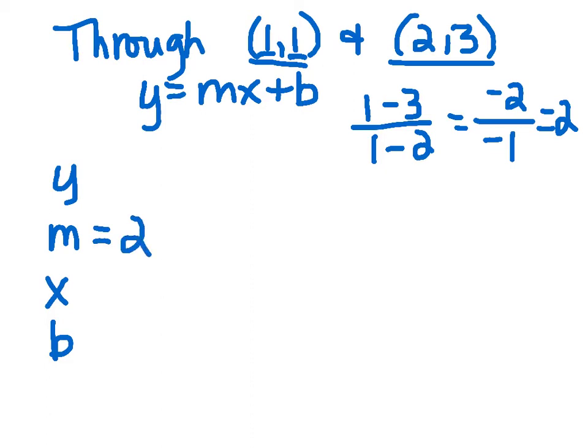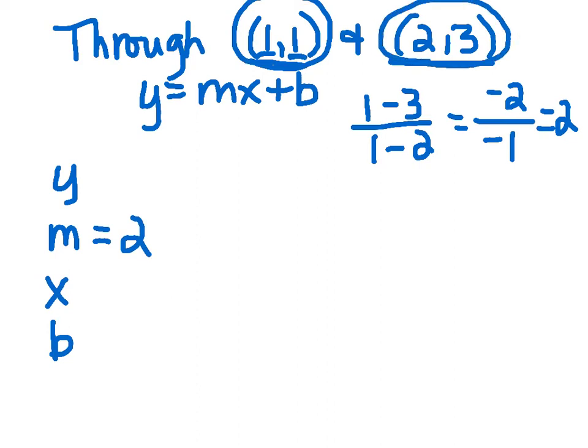Now again, if it goes through these points, both of them are solutions to the equation, and when something is a solution to an equation, that means it makes it true when you plug it in. So you might ask yourself, should I use the point 1, 1 or the point 2, 3?